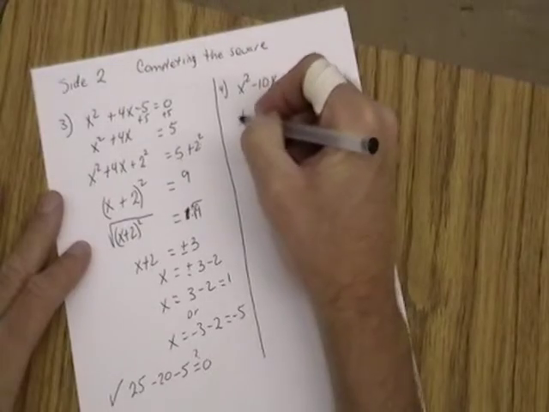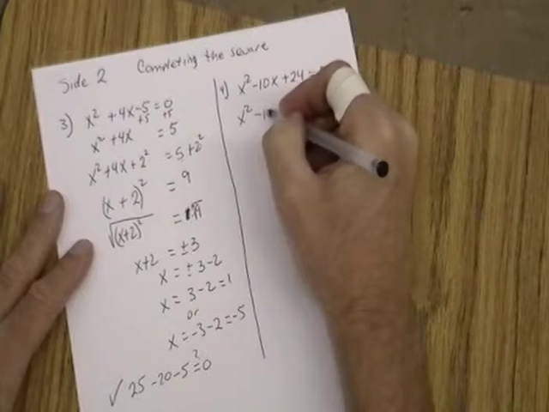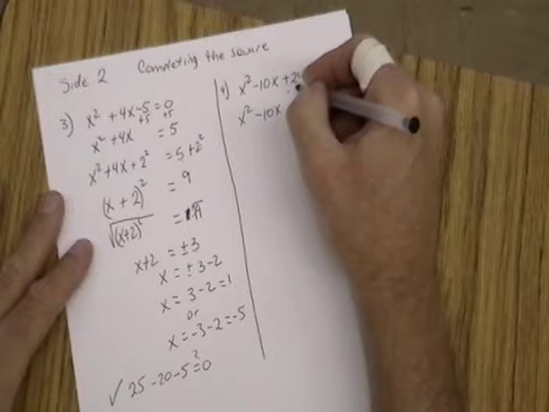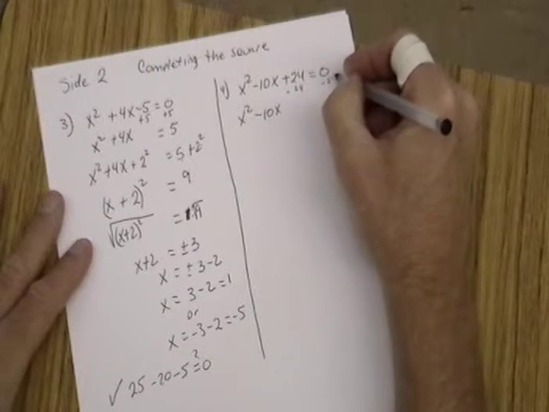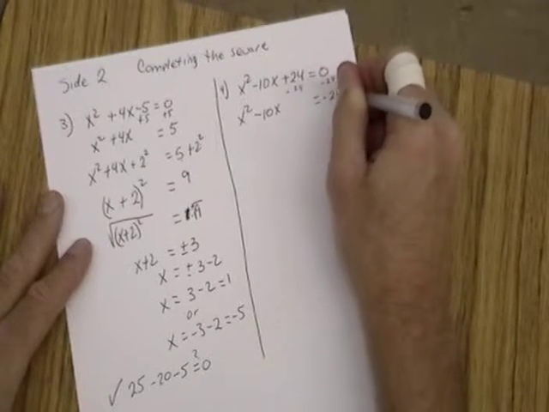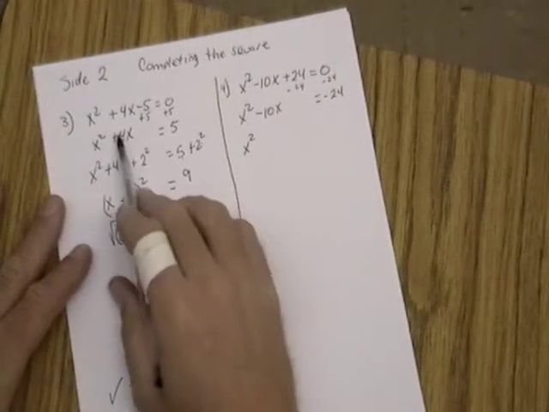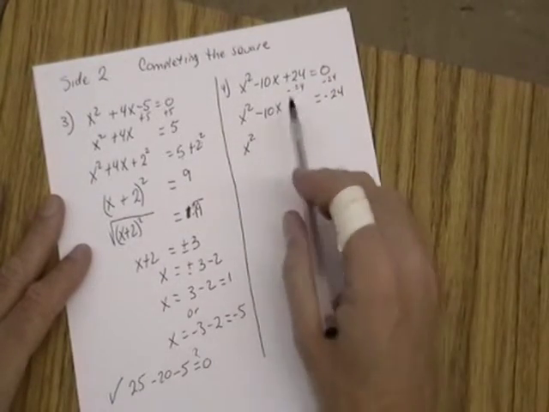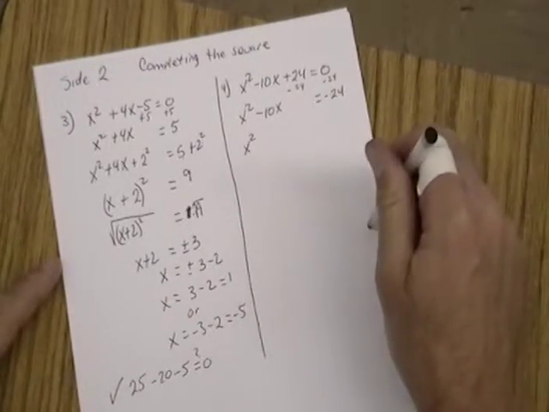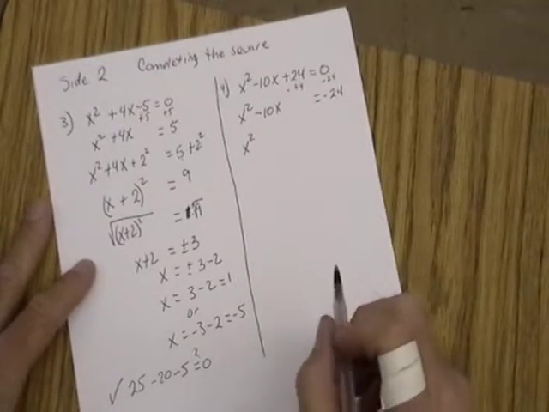Number 4, we want the x squared term and the x term to be by themselves on one side. And so we have to subtract 24 from both sides in order to make that happen. What you do to one side, you have to do to the other. Then we're going to complete the square by, as I said with this other problem, if you don't understand the principles behind completing the square or why a perfect square trinomial factors to a binomial square, you need to find the videos that deal with that kind of thing.